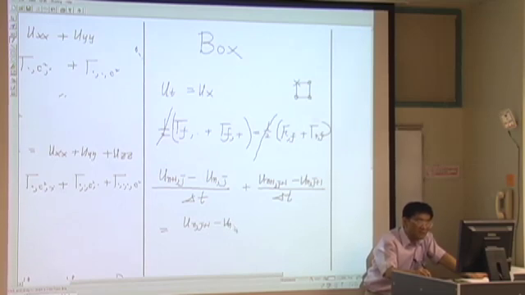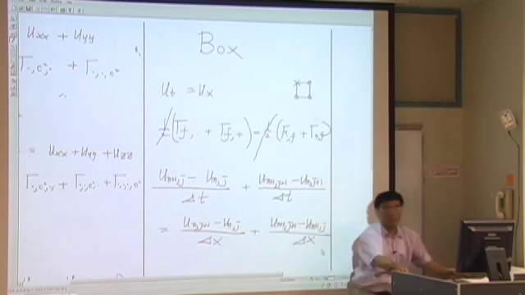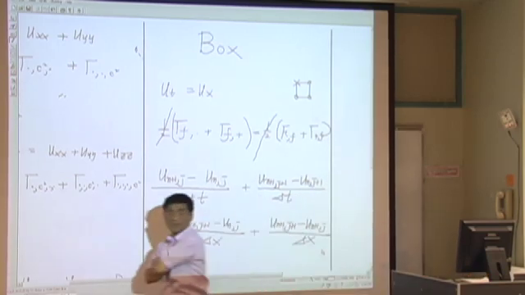Because you need to know all these terms without any mistake, right? But people sometimes make mistakes. This is it. This is the box method.